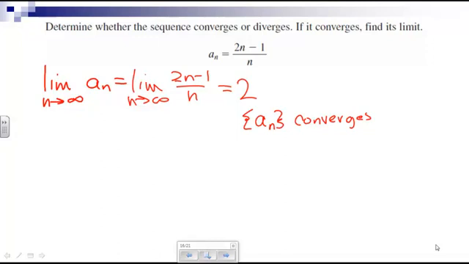We're going to be using the word converges all through chapter 8 and chapter 9. We might also say that the sequence a sub n converges to the value 2, because that's its limit as n approaches infinity.